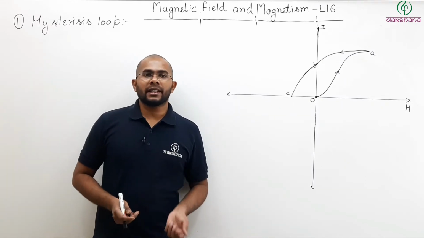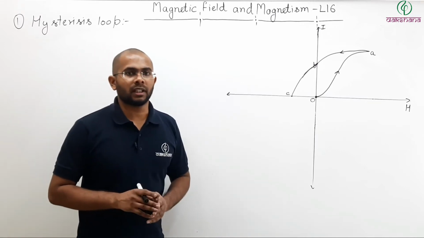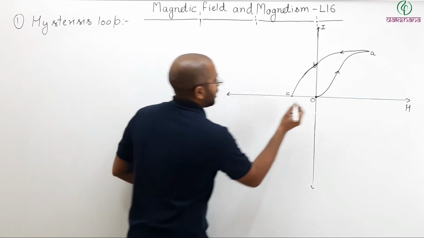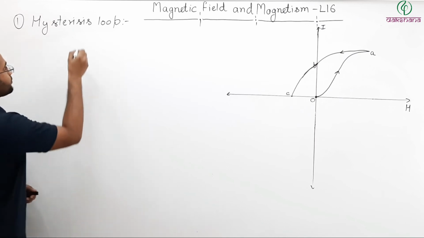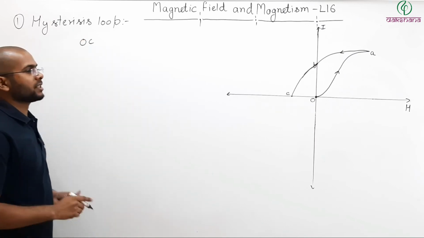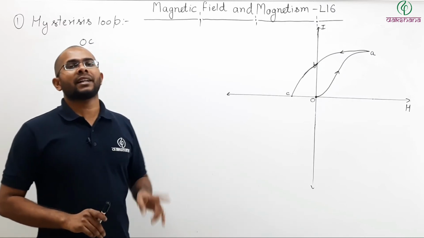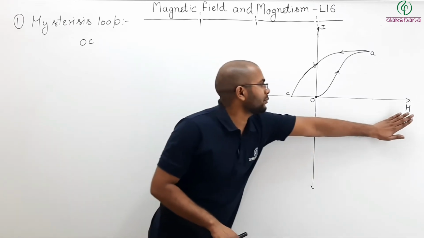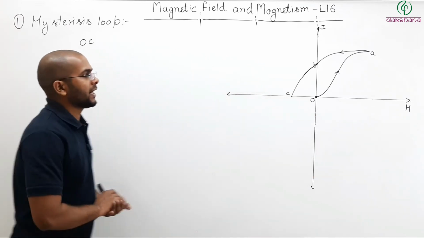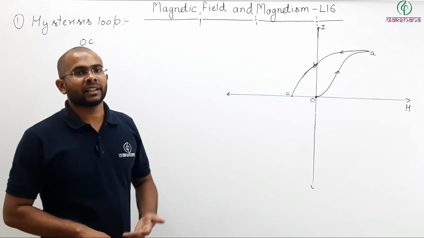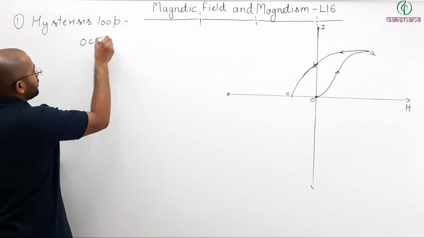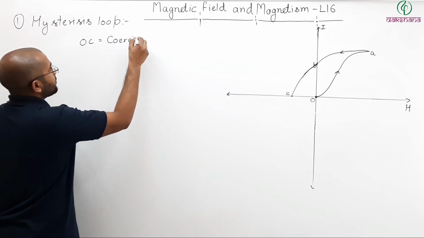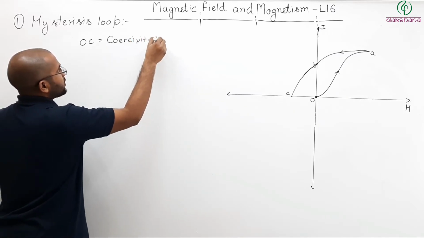Now we have seen that if you want to demagnetize a ferromagnetic material, you will have to apply some opposite direction magnetic field. So what is OC? OC signifies how much negative magnetic intensity you need to provide in order to demagnetize a ferromagnetic material. So OC is called your coercivity. What is coercivity?